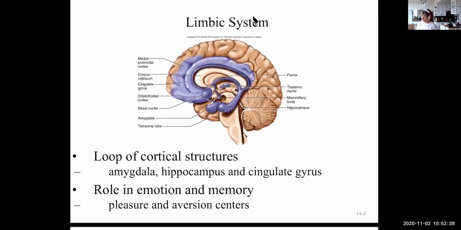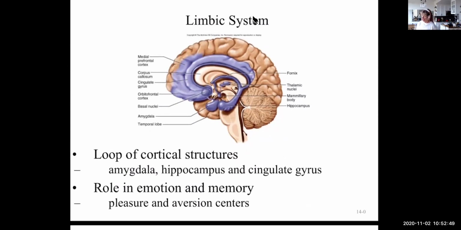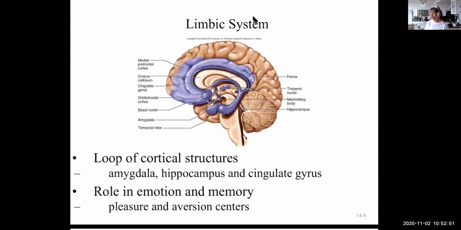The limbic system. We had a little bit of an introduction to the limbic system with our video on the teen genius, where they tested him for functions and whether his frontal lobe or his amygdala activated with different functions. So the limbic system consists of the amygdala, the hippocampus, and the cingulate gyrus.